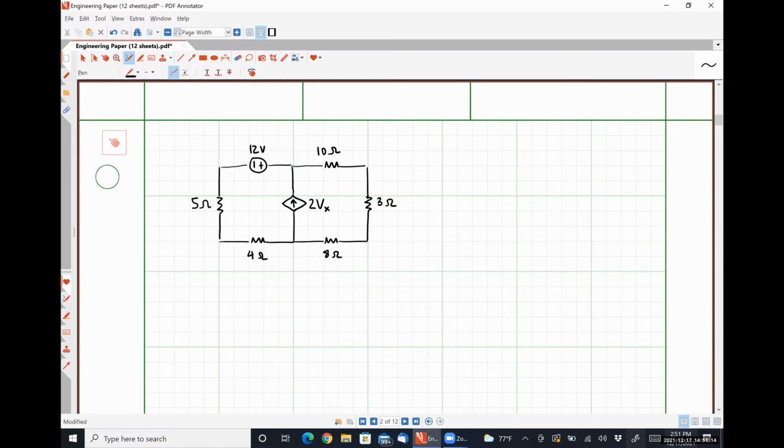And I'm going to be tricky with you guys, so I'm going to call this voltage Vx, where the positive polarity terminal is in the top left corner of what will be mesh A, and the negative polarity terminal will be in the bottom right corner of what we will soon see as mesh A.